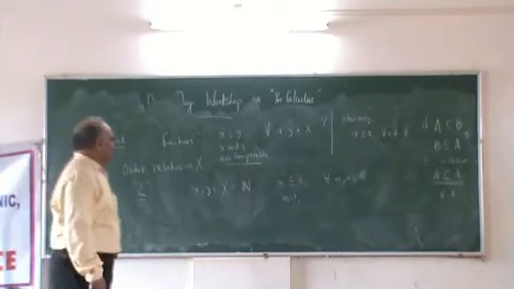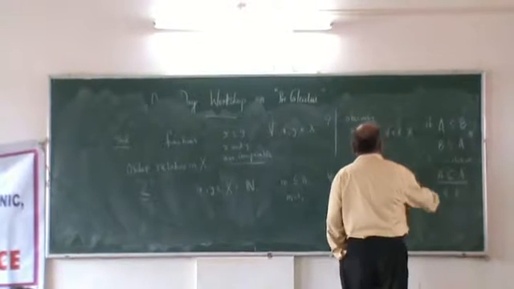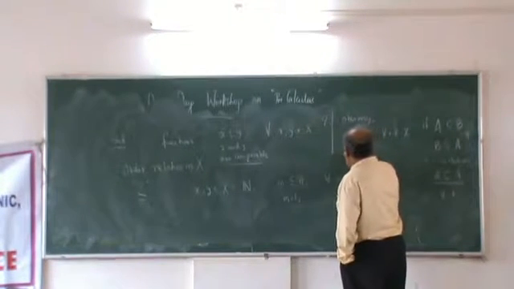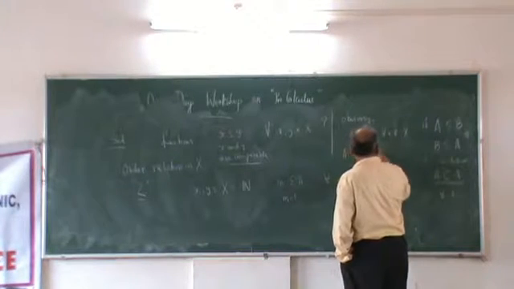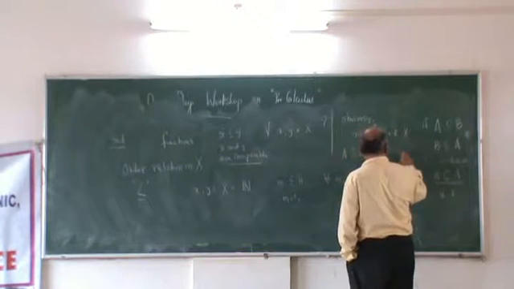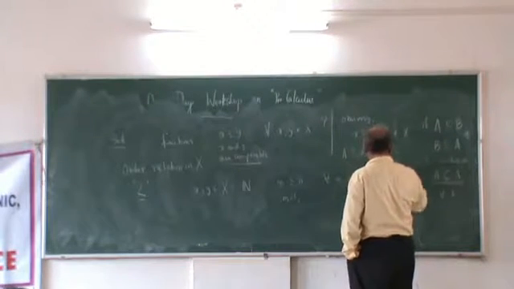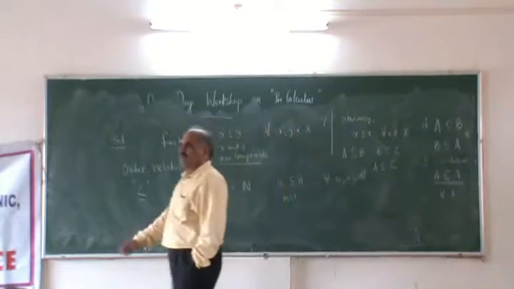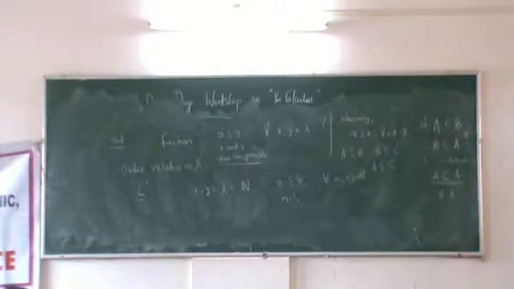Now, one thing that we can expect: if A is less than or equal to B and B is less than or equal to C for all A, B, C, then A is less than or equal to C. That can happen. If it happens, then we say that this relation is transitive.